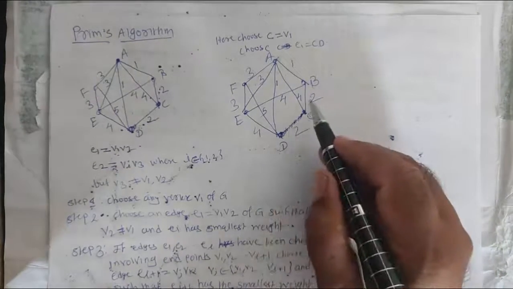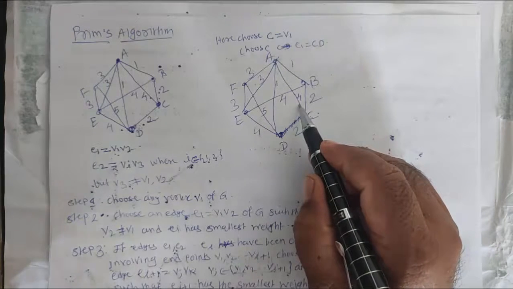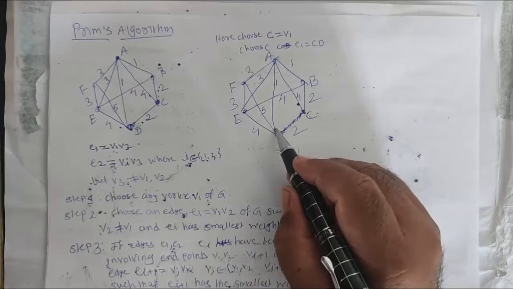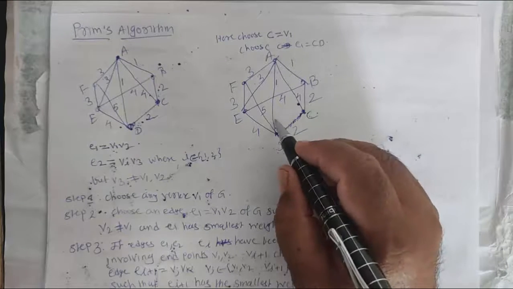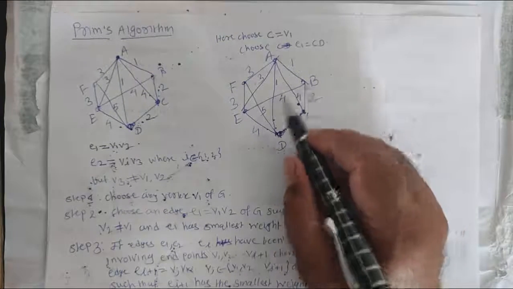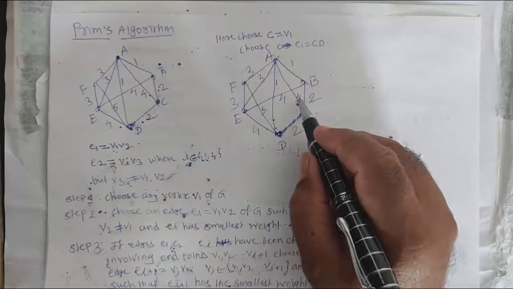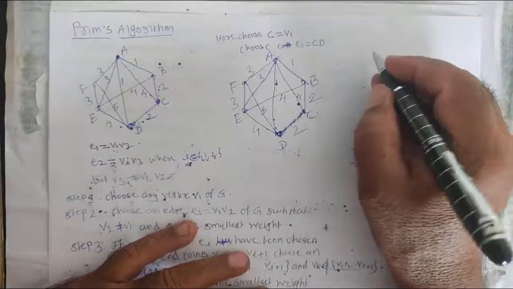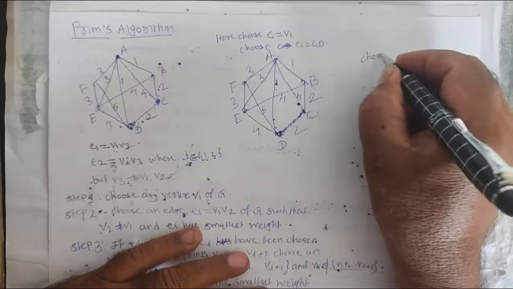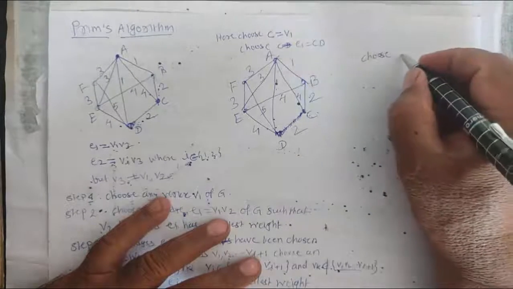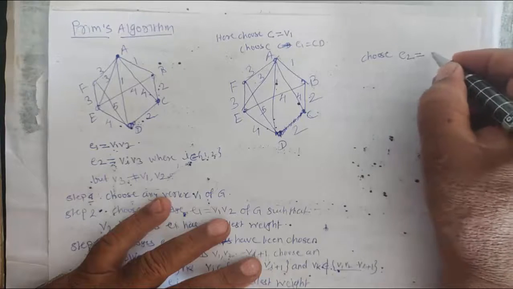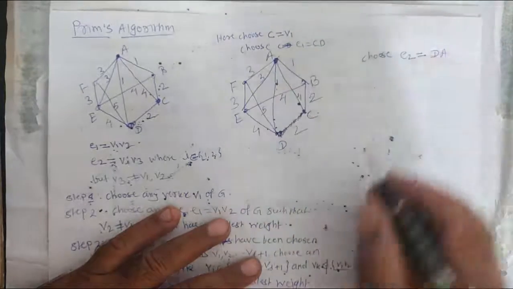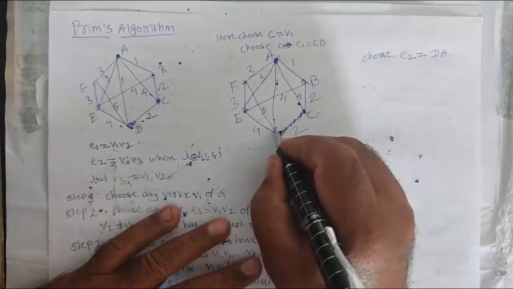Among the remaining edges with weights 2, 4, 1, 5 and 4, this is the minimum weight. Then choose E2, E2 is equal to DA.